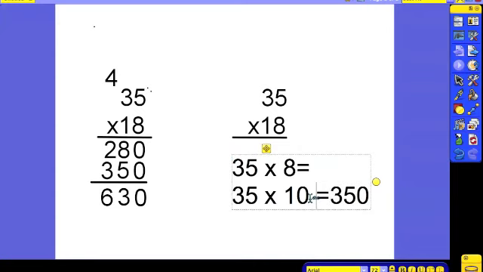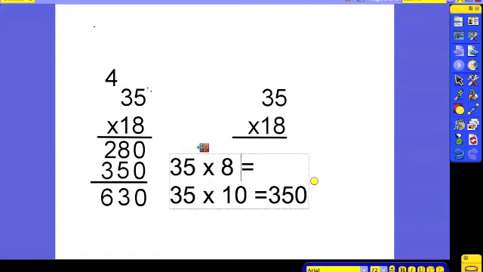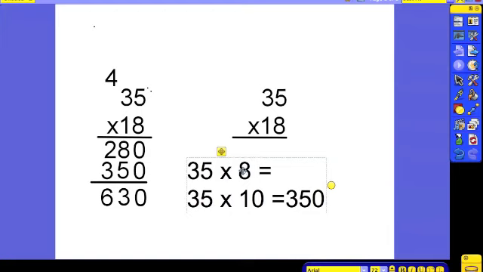Now, unfortunately, that means I have to go back up to my 35 times 8. But there's an easier way for me to do that as well. I can look at a question like 35 times 8 and say, well, 35 times 8 is the same thing as 5 times 8 and 30 times 8.